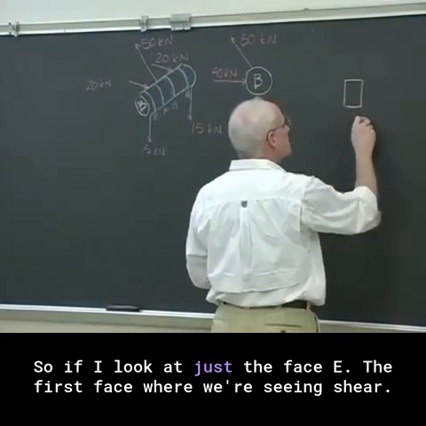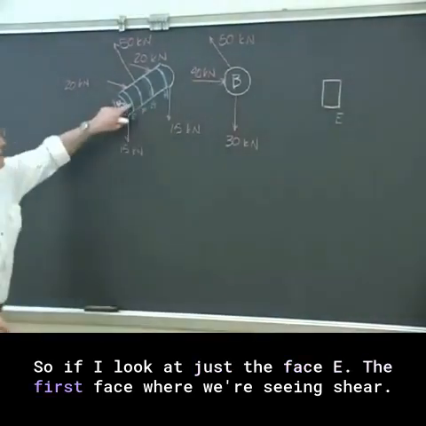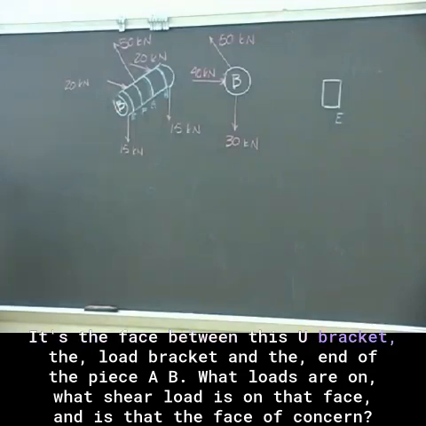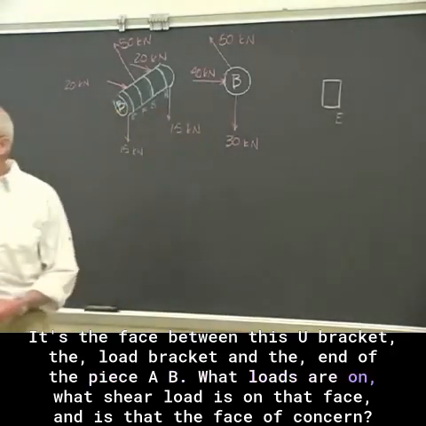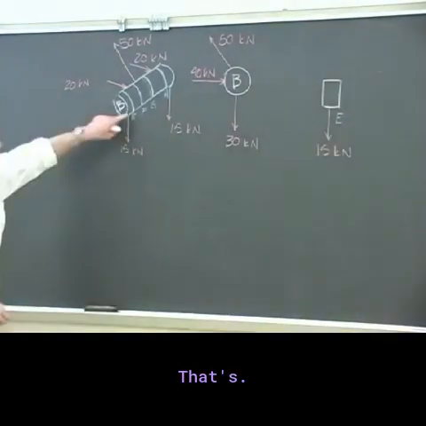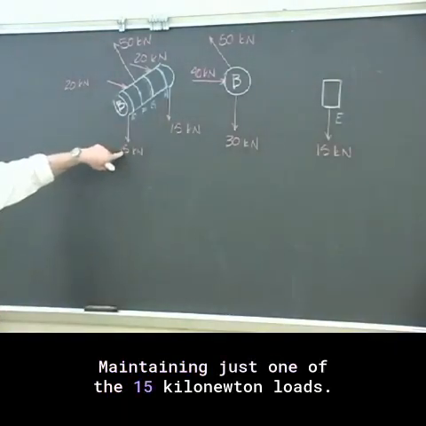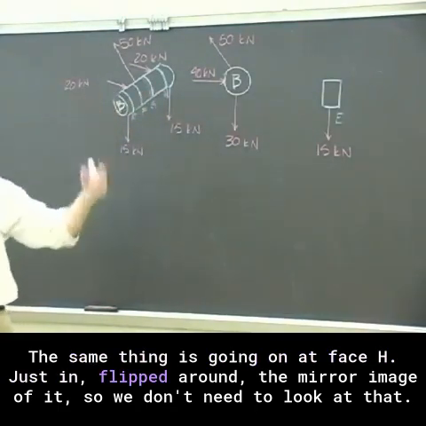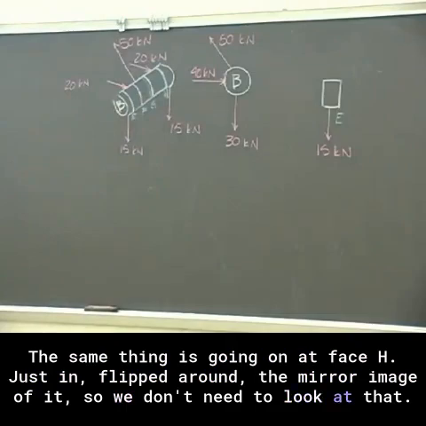So if I look at just the face E, the first face where we're seeing shear, it's the face between this U bracket, the load bracket, and the end of the piece AB. What shear load is on that face, and is that the face of concern? That's maintaining just one of the 15 kilonewton loads. The same thing is going on at face H, just flipped around, the mirror image of it, so we don't need to look at that.